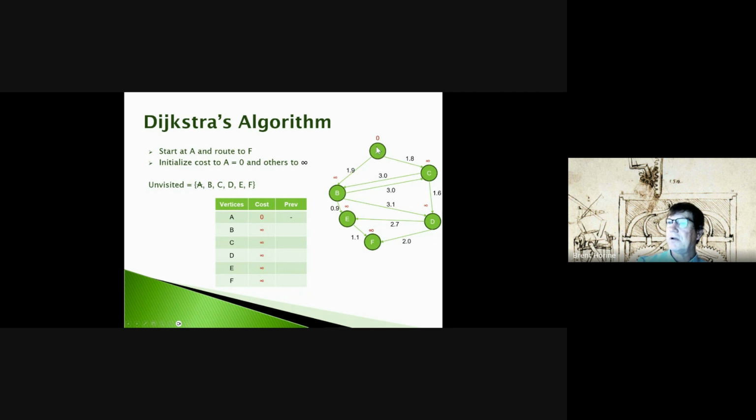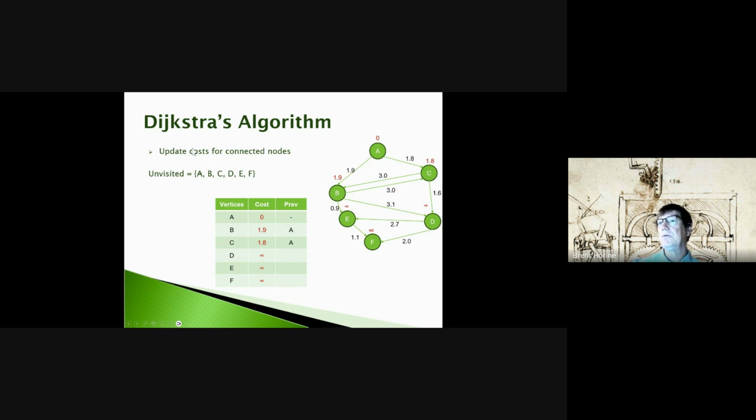Since we're starting at A, it costs us nothing to get to A, so the cost is 0. And since we started at A, we've already visited it, so we can strike that out right away. Since we're starting at A, we do not have a previous node that we had to visit in order to get to A. We just started there.